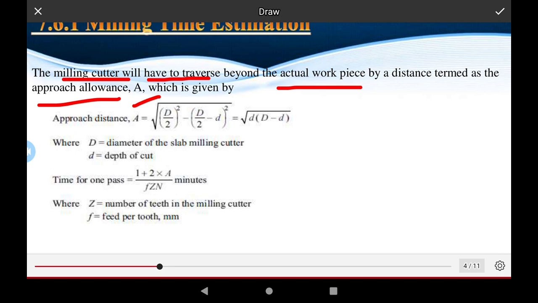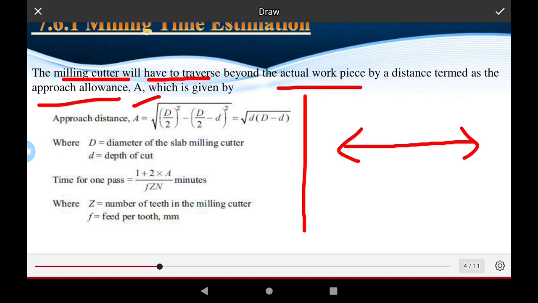Now the time for one pass. The tool also rotates and travels in the forward direction and the backward direction.